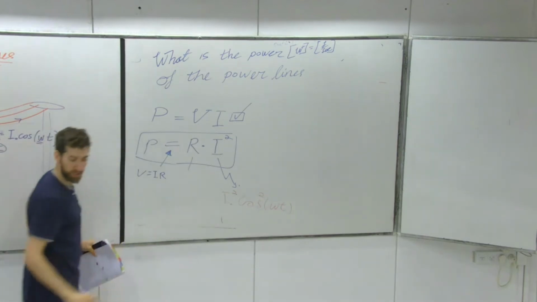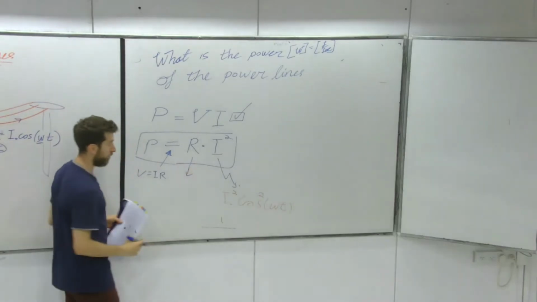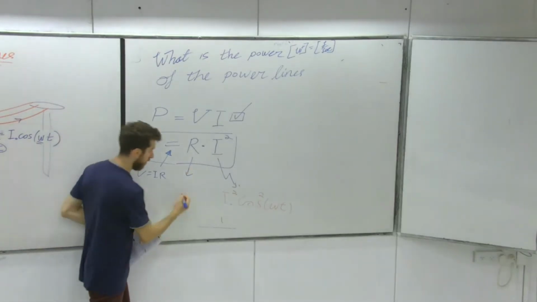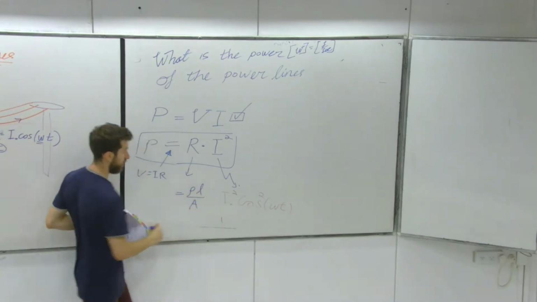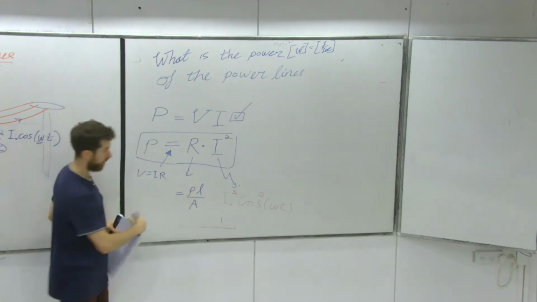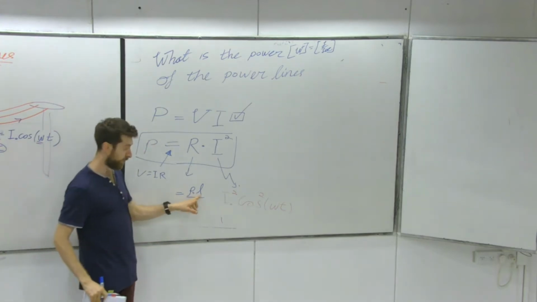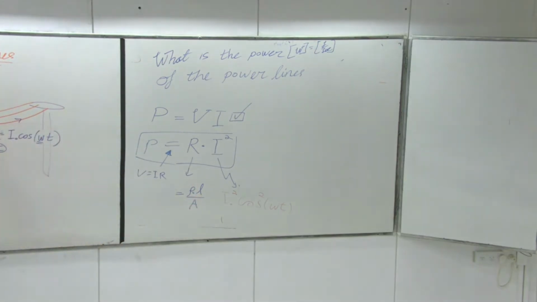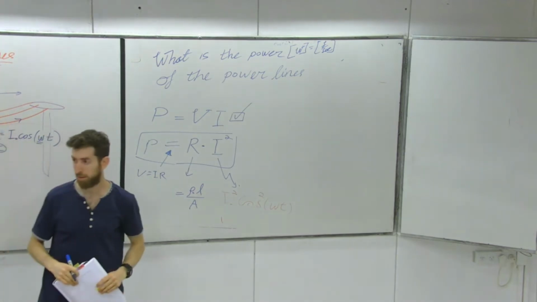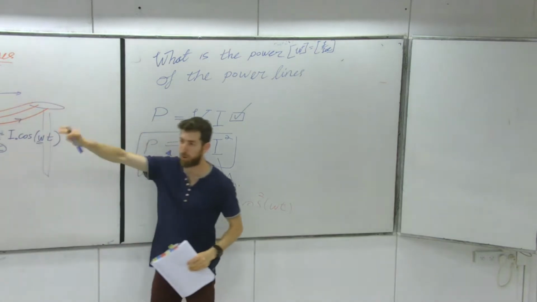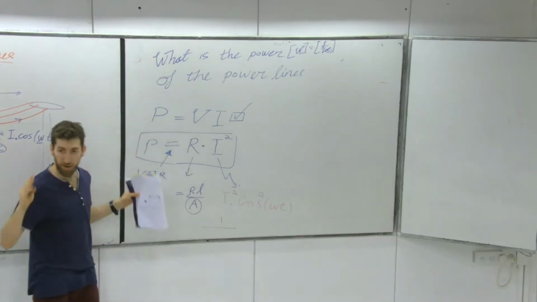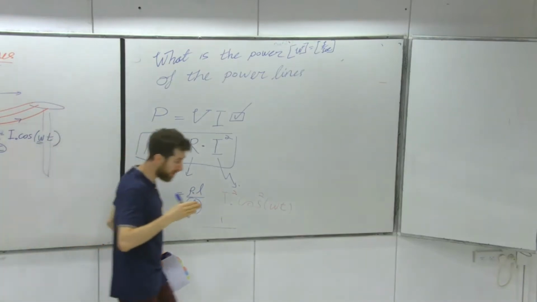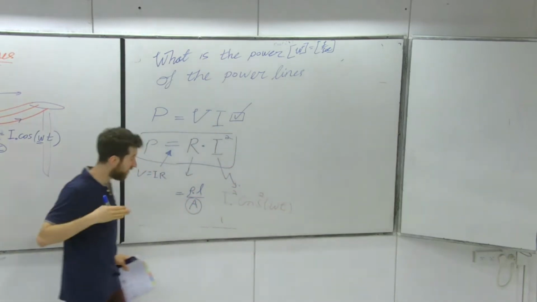What is the resistance of this cylinder? Remember the formula for the resistance? Exactly, it's rho, the length, and A. Rho is given, it's a constant, perfect. L is also given, it's the length of this wire, okay? And A is the area that the charges see when they're going through the cylinder, right?